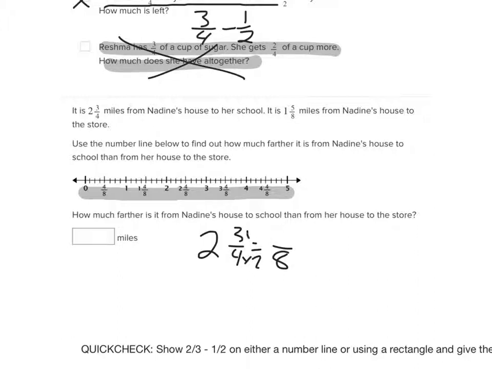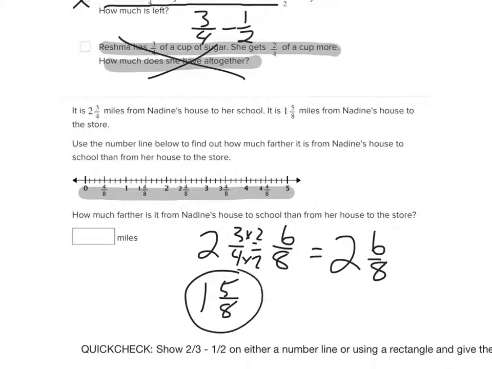I'm going to multiply by 2 over 2 to get my equivalent fraction. So it's equal to 2 6/8. And the other number, 1 5/8, I'm going to turn 5/8 into eighths, which it already is. Okay, so both of these are in eighths.